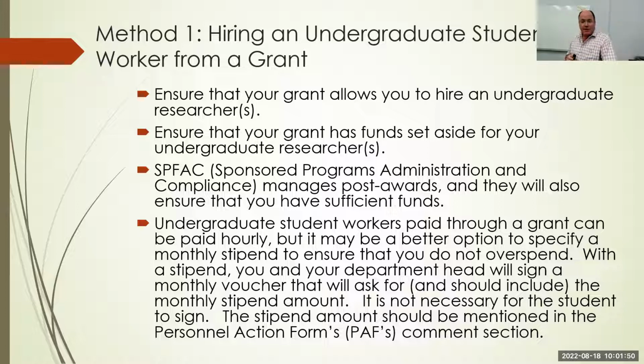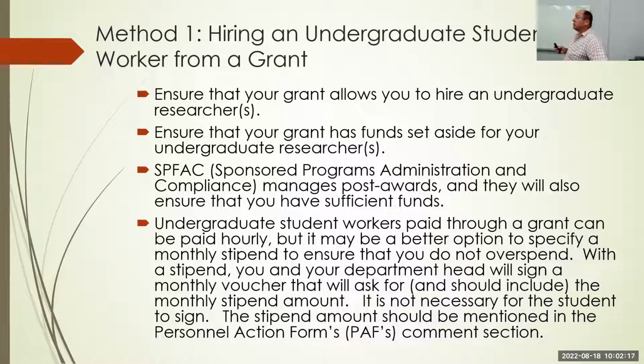A grant can be paid hourly, but my recommendation is, let's say you have a grant that allows for $2,000 for an undergraduate student worker in this example. My suggestion, after consulting with persons at SPFAC, specifically Mr. Joe Durego, who was very helpful in helping me with this presentation, is that it may be better to pay them with a stipend.